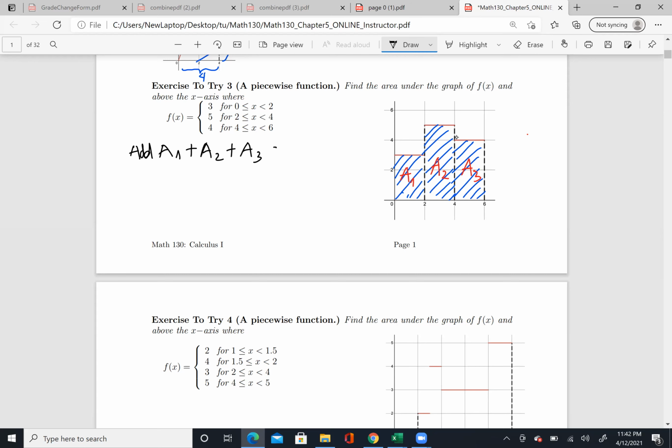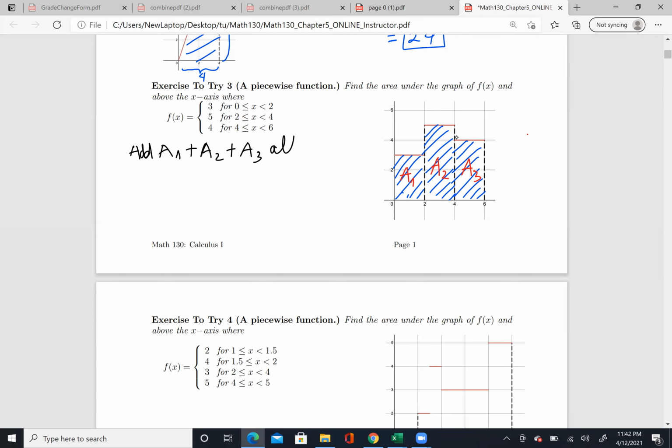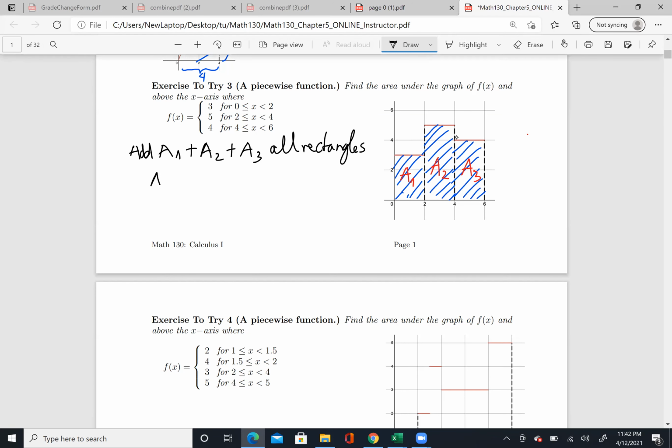They are all rectangles, right? Let's find A1. How can I find A1? I have the base in here 2, the height in here is 3, right? So I have 2 times 3 equals 6.